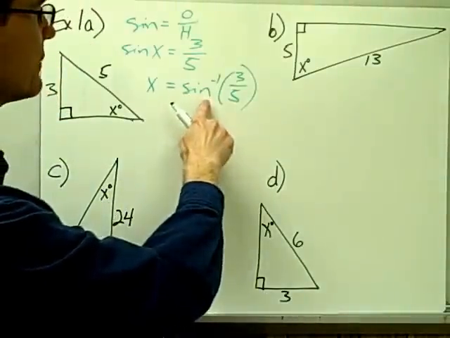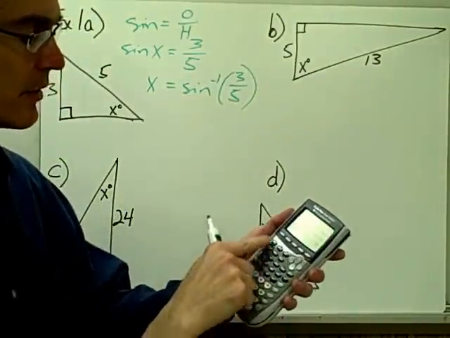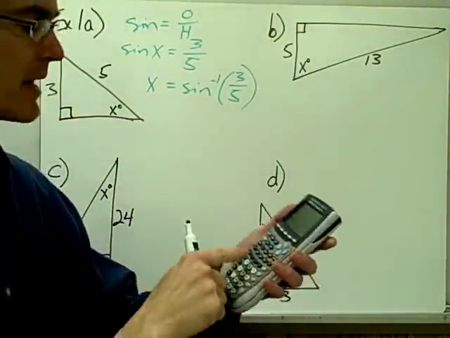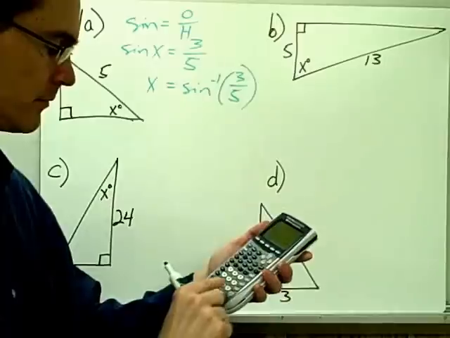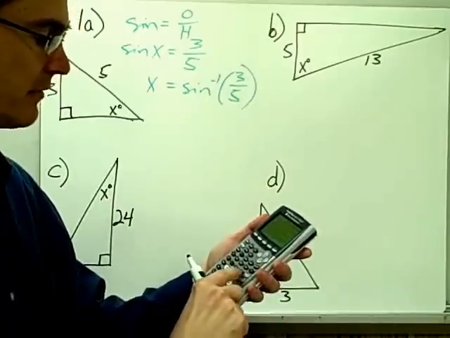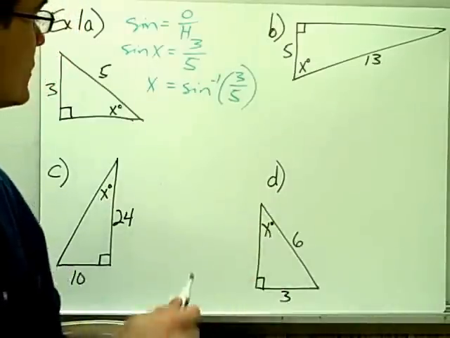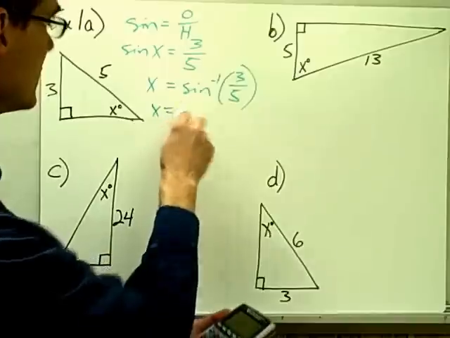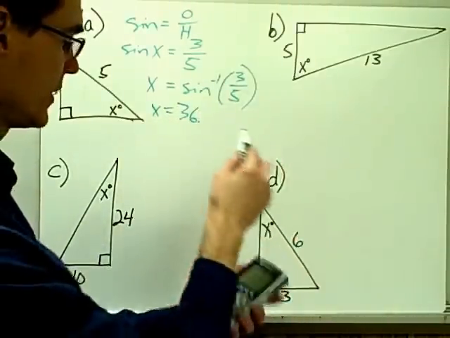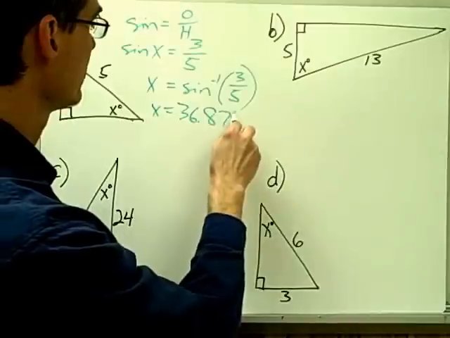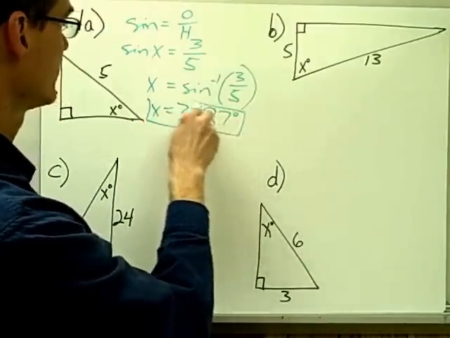The inverse sine function is the second function right above the sine button on my calculator. So I type in inverse sine of 3 divided by 5, and I hit the enter button, and that tells me that x equals 36.87 degrees.